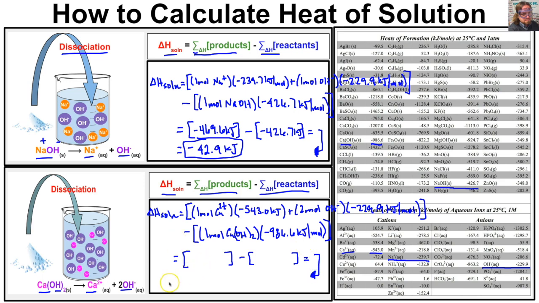And so it looks like if we take a look, our first bracket is going to end up being negative 1002.8 kilojoules. And our bracket right here is going to end up being negative 986.6 kilojoules. And so we'll put this in our calculator.